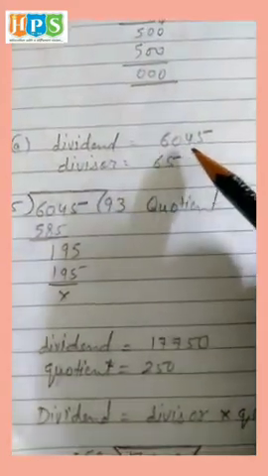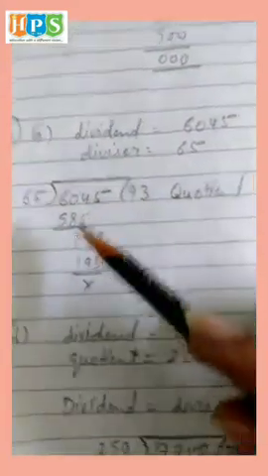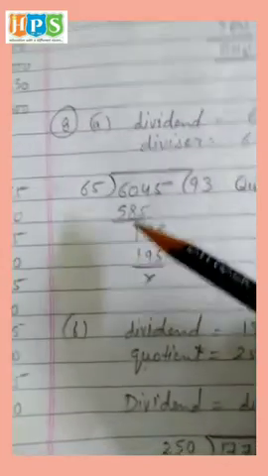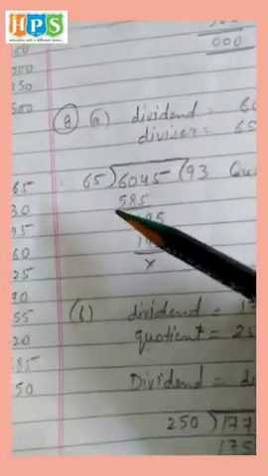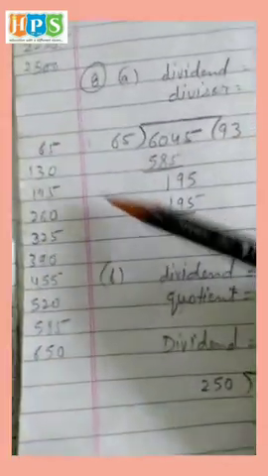Dividend 6045, divisor 65. We need the table of 65.